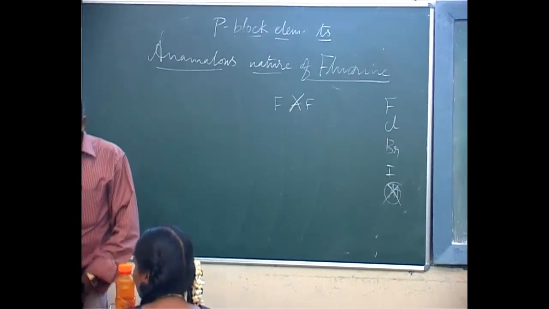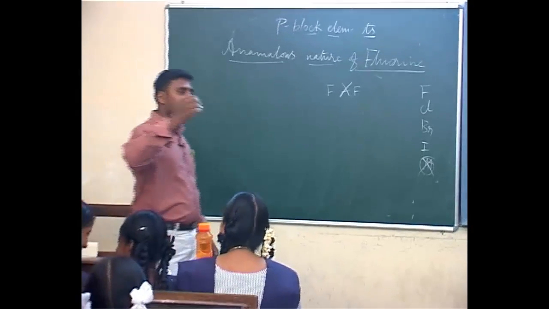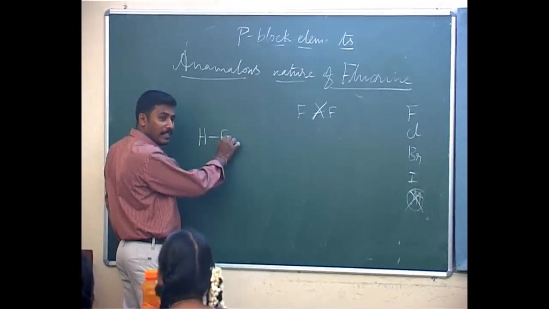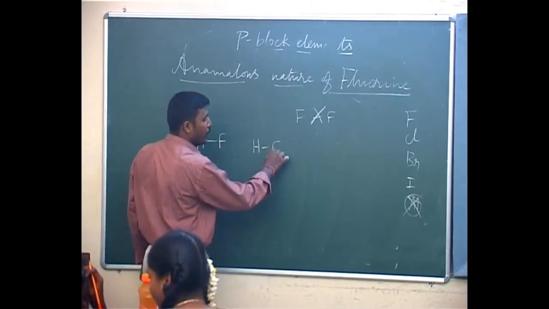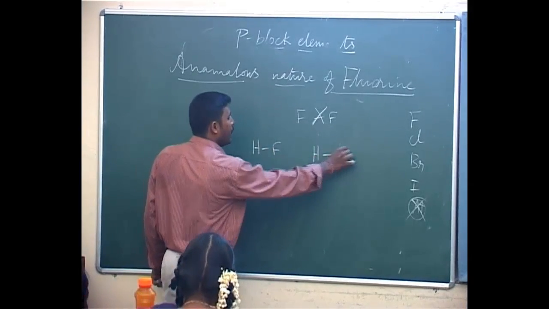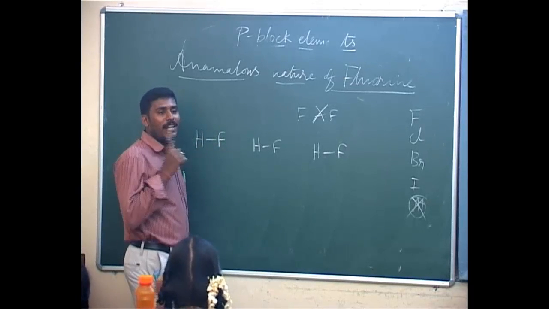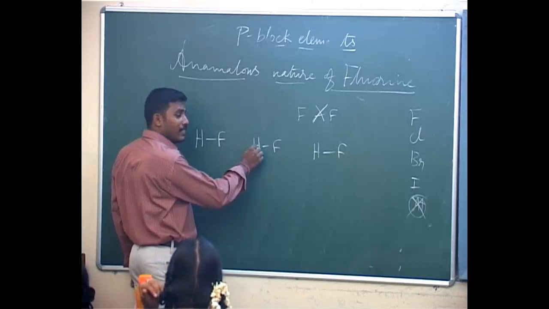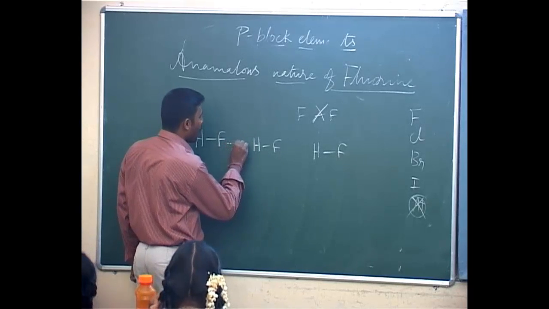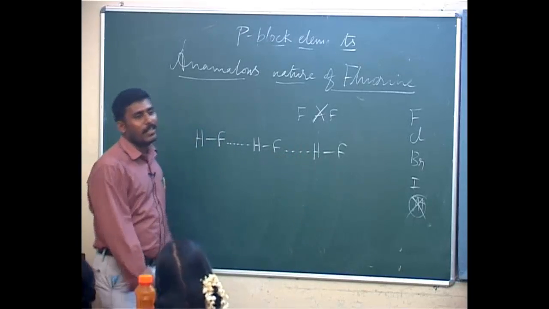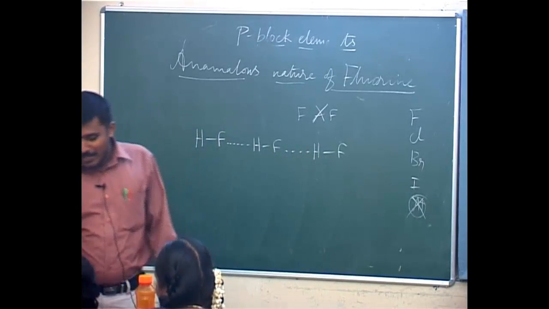You know what HF is; we already discussed it in the first lesson itself. HF is hydrofluoric acid. This is another hydrofluoric acid molecule. Intermolecular hydrogen bonding means this H bonds with F. So this is intermolecular hydrogen bonding.